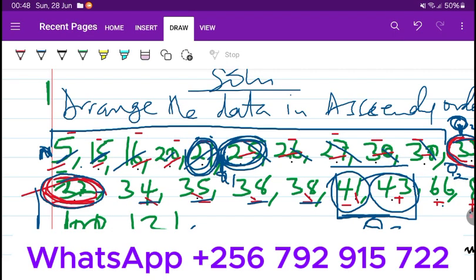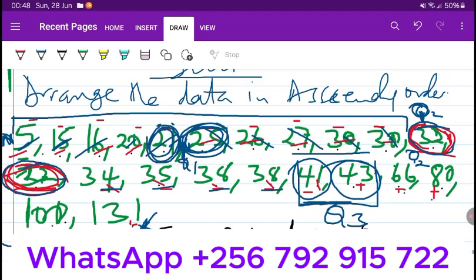So we picked 80 to be an outlier. We picked 100, and we also picked 131. But remember, we said that an outlier cannot be within our distribution.